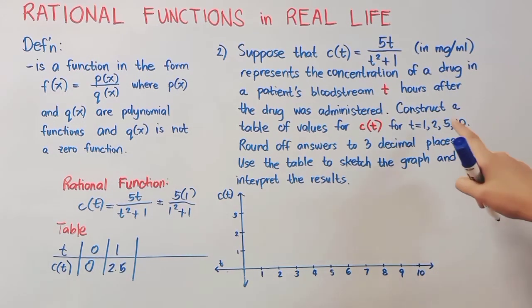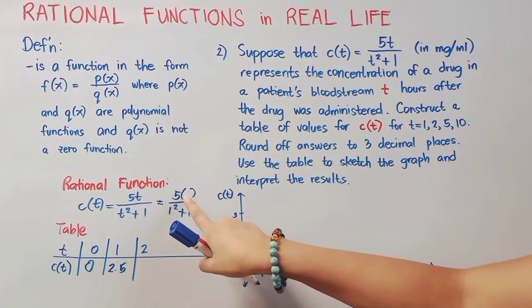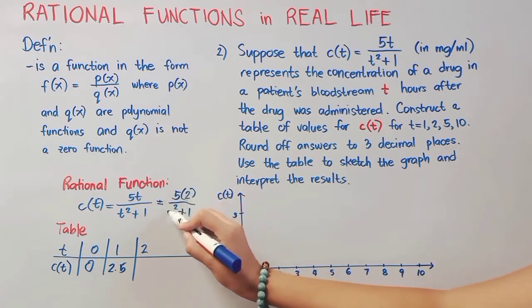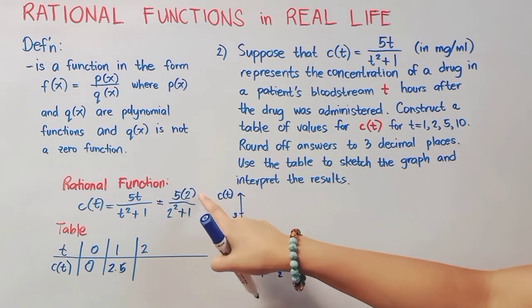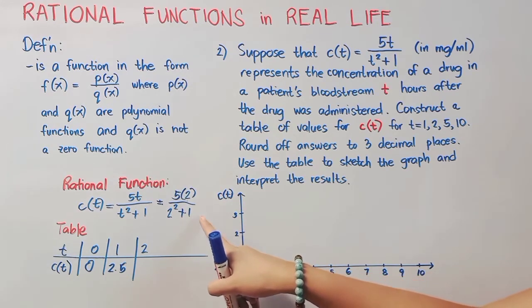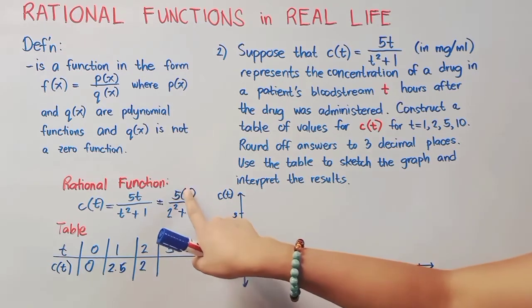Next, let's have t equals 2. In that case, we will replace all values of t with 2. So in our numerator, we have 5 times 2 equals 10, and then 2 squared is 4 plus 1, 5. So 10 divided by 5 is 2.